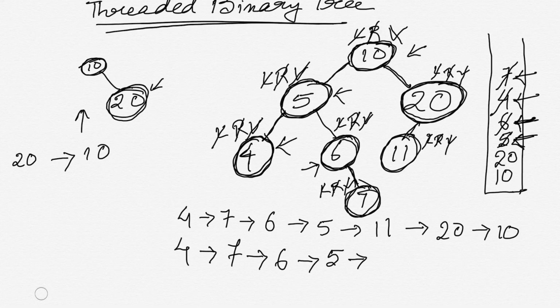Now we have 20 on top of the stack, and it has no right child, so we push nothing for the right child since it is null, but we push 11 as its left child. So now 11 is on top of the stack. 11 has no children, we pop 11 and we print it.